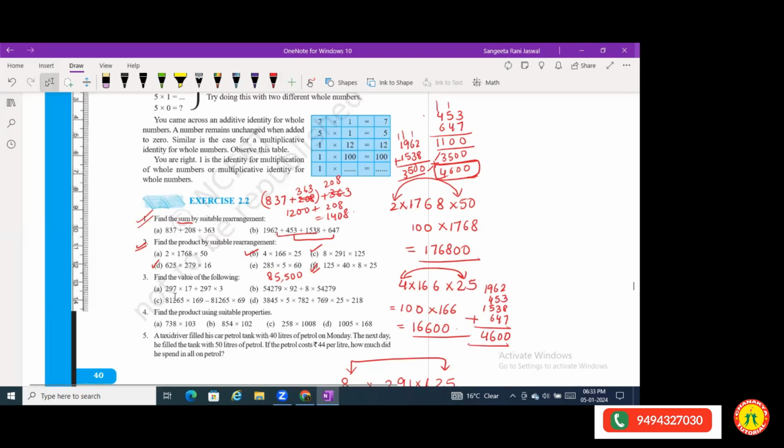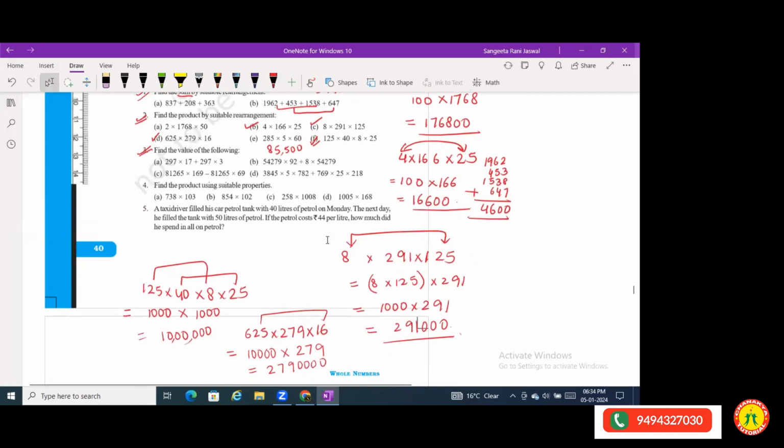Okay, now see this. Find the value of the following. Question number 1: 297 multiplied by 17 plus 297 multiplied by 3. Now, just analyze this question. Here, the number 297 is written twice.